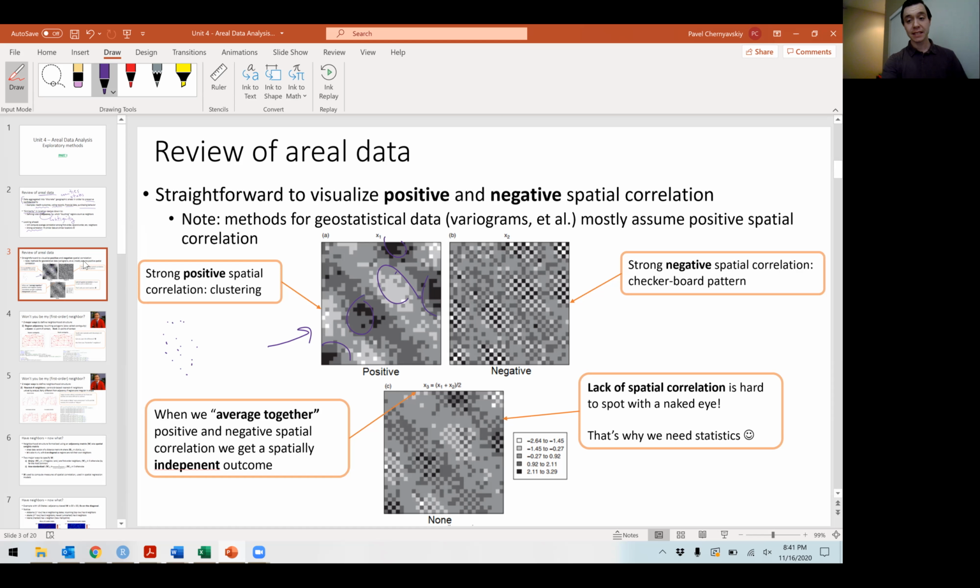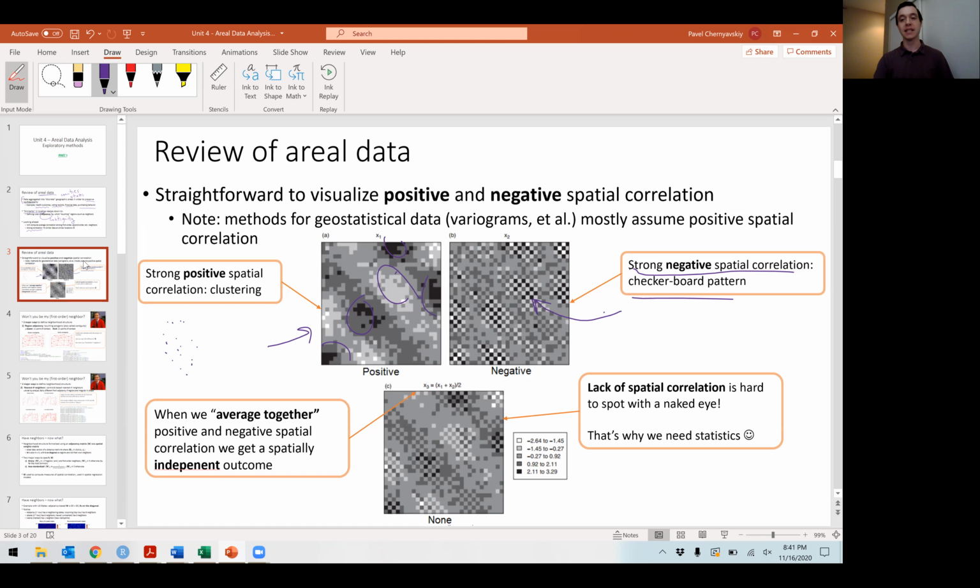We do have this concept of negative spatial correlation, and perfect negative spatial correlation, you think checkerboard pattern. Checkerboard pattern is not random. Checkerboard pattern, or chessboard, if you know you're on a white square, you know you are surrounded by black squares. If you know you are on a black square, you are surrounded by white squares. So if we look at the majority of the data, each square is surrounded by its opposite.